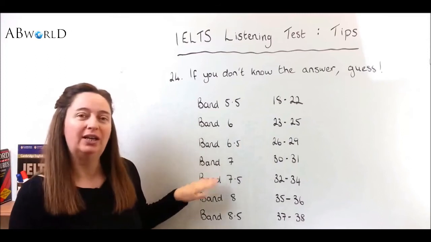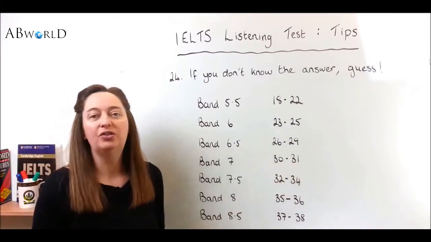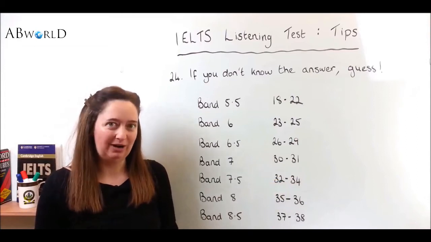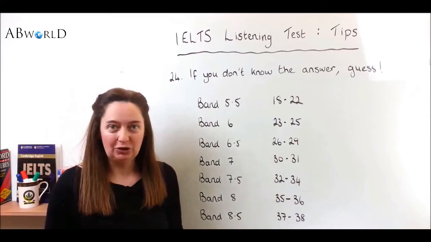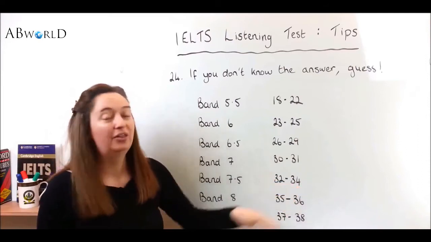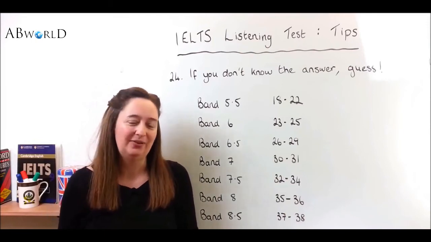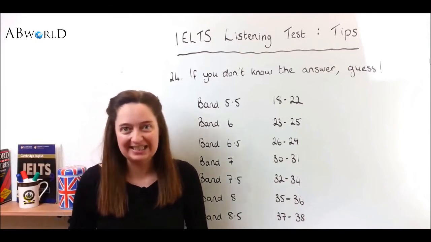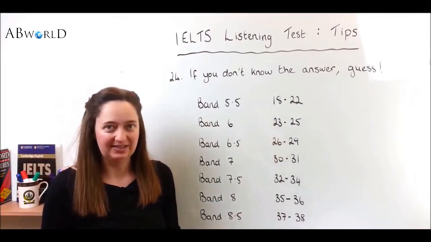So if you're looking for band score 7, you will need to get 30 or 31 answers correct. And to get 7.5, you need 32, 33 or 34 answers correct to get band score 7.5. So what you can see is it is all about the number of correct answers.